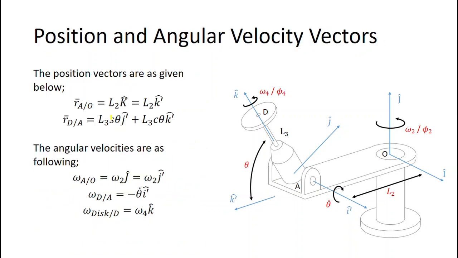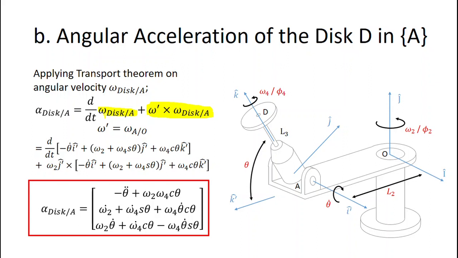And here we have the time derivative of whatever we found in the i prime, j prime, k prime frame, and then something cross product with it. Now this omega prime is just the angular velocity of the frame i prime, j prime, k prime, and as we know, that is just omega A in O in the inertial frame.